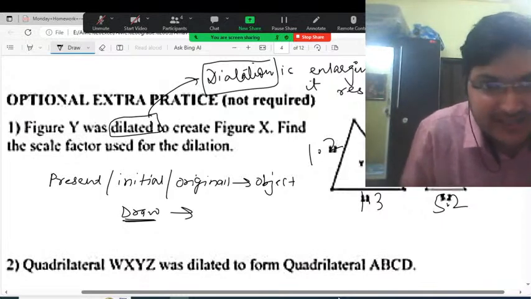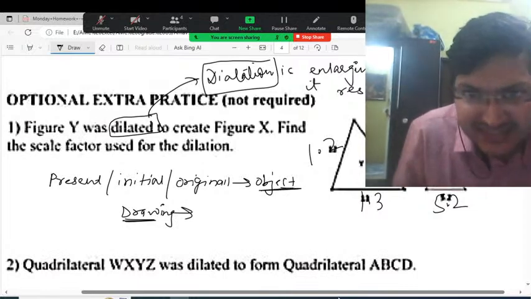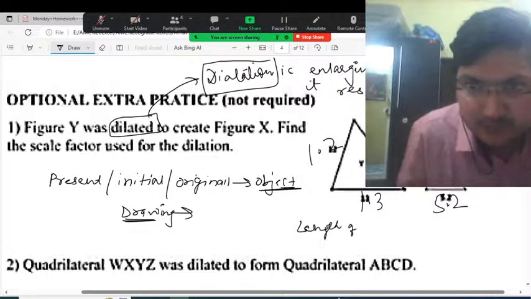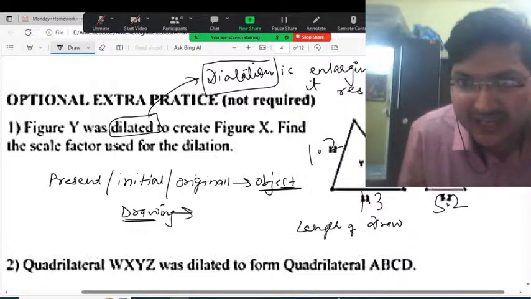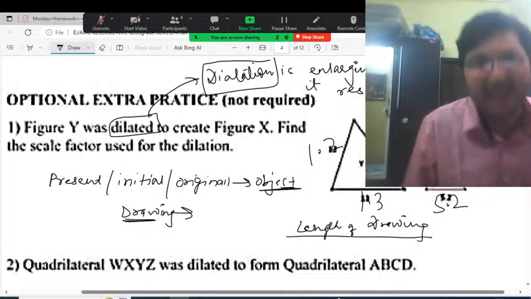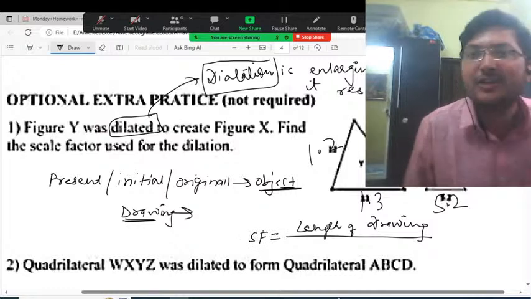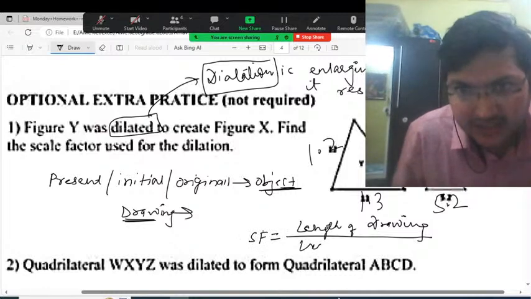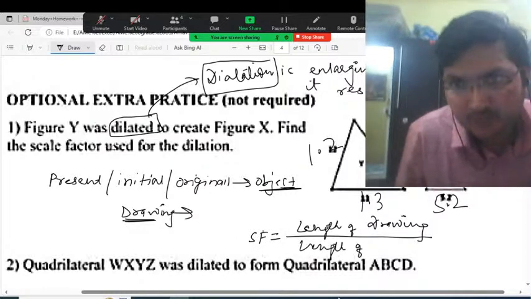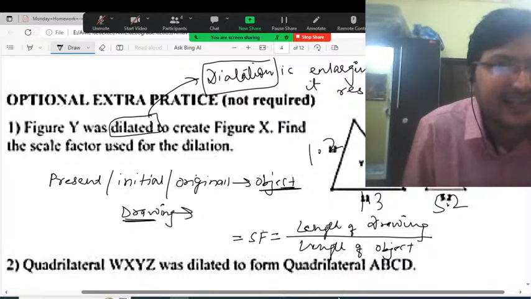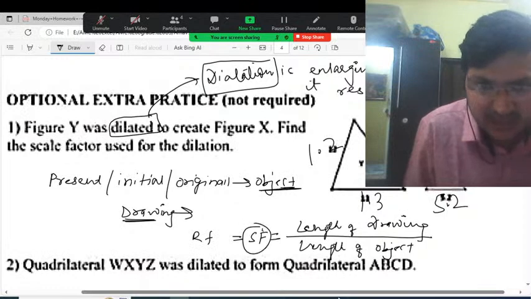If we consider this object and drawing, and take the ratio of drawing to object, you call it the dilation factor, or simply the scale factor, or SF. SF is equal to length of drawing over length of object. It also has another name, representative factor, but we generally use SF here.